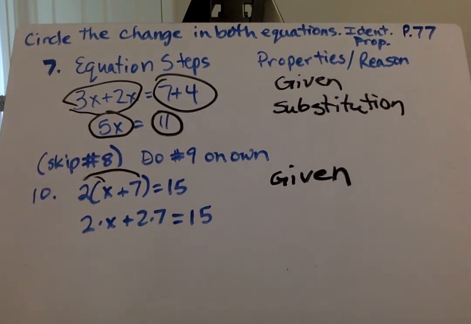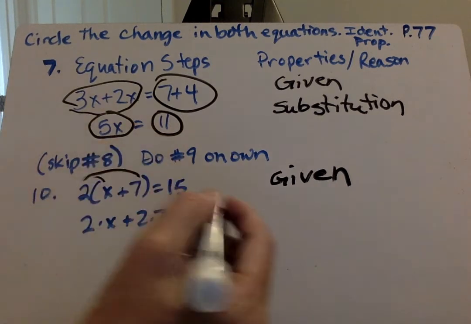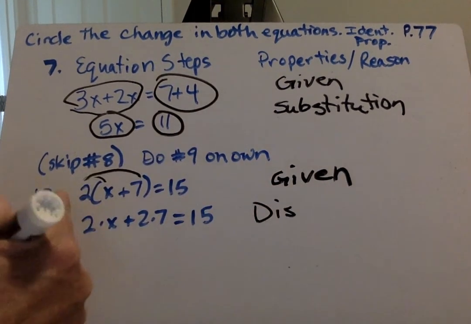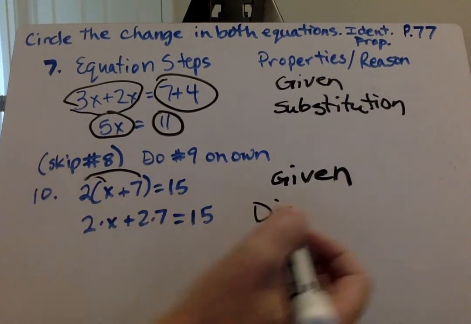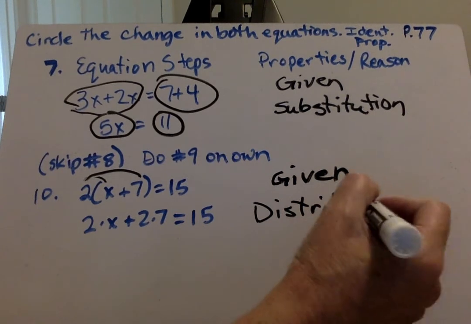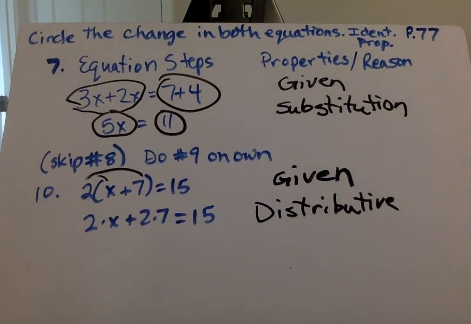What property is that? Correct, that's the distributive property. We distributed the 2 through the parentheses, and now the parentheses are no more. Now, they have a fancier term for that, distributive property of multiplication over addition. You just need to remember it's the distributive property, okay?